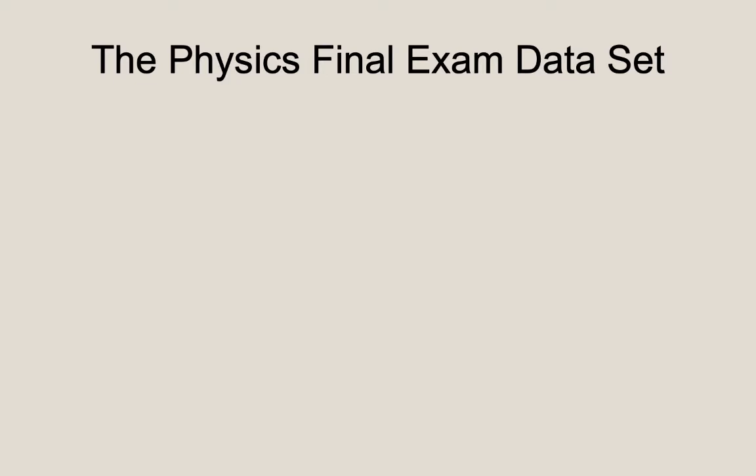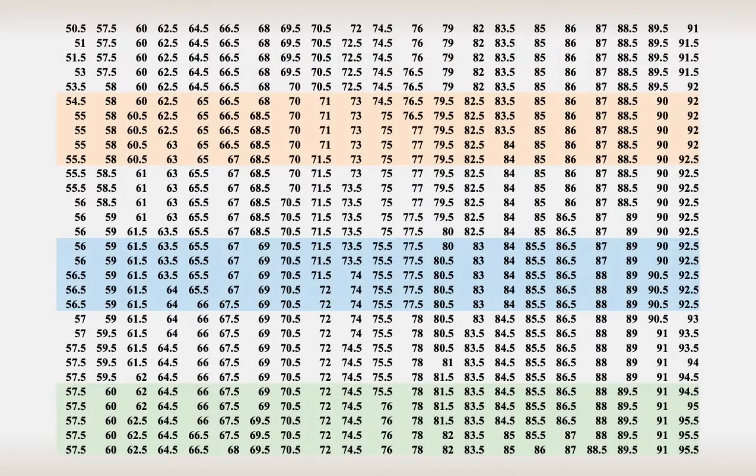So, the first thing I'd like you to do is to look at the physics final data set, and just looking at the numbers that are provided, see what information jumps out at you. What things do you notice about the data set? I'll be quiet for a moment here while you can view the data, and then I'll encourage you to pause the video to take notes on what you observed, and then we'll resume and summarize from there.